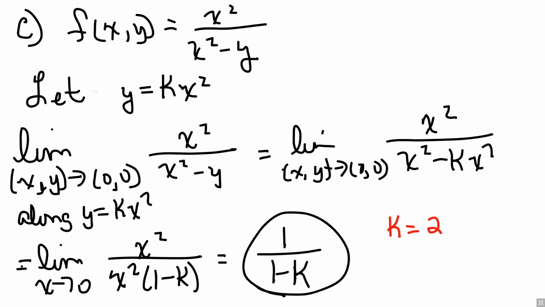So if k is 2, I'm going to get 1 over -1 or -1. And then suppose that k is, I'll choose -2. I'm going to get 1 over 3. So I get 1/3. So I've chosen two different paths, and I've got two different limits. Okay. Any questions?